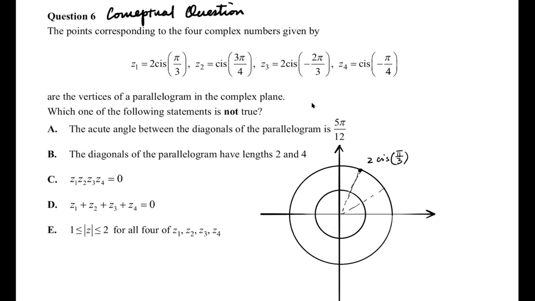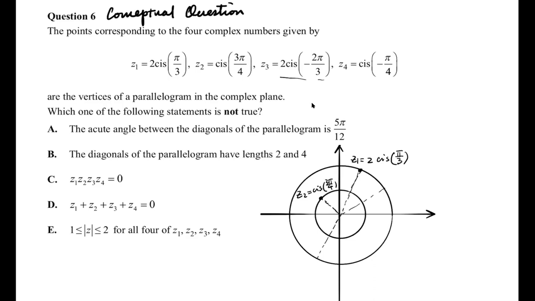How about the other one? cis 3 pi on 4. Okay, it's here, in the middle of the second quadrant. So this is Z1, this is Z2, which is cis 3 pi on 4. How about Z3? Z3 is 2cis minus 2 pi on 3.